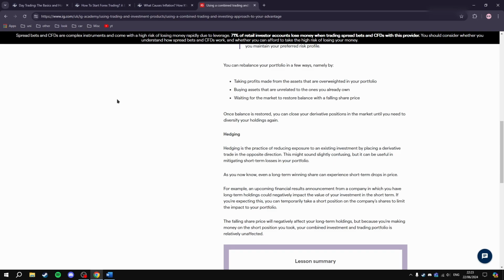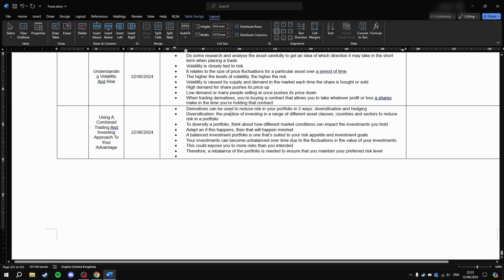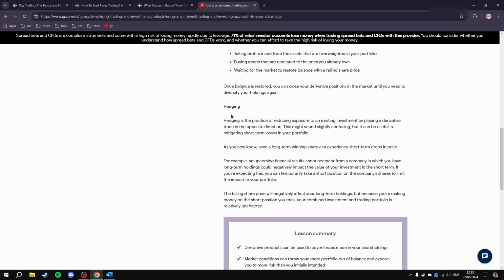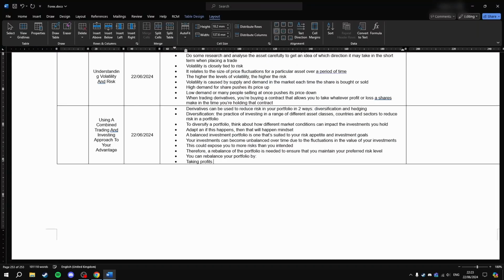You can rebalance your portfolio by taking profits made from the assets that are overweighted in your portfolio.